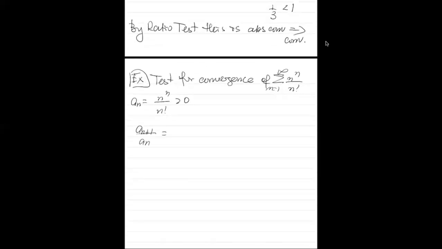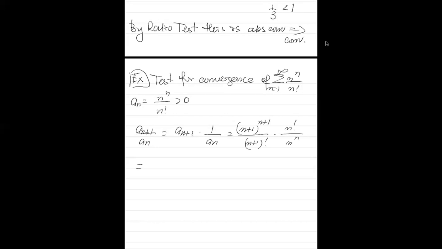Make the ratio. And to avoid a complex fraction, again, I'm going to use this: to divide means to multiply by the reciprocal. So the n plus 1 term is n plus 1 to the power n plus 1 over n plus 1 factorial. And now I'm going to flip the nth term, and we have this.